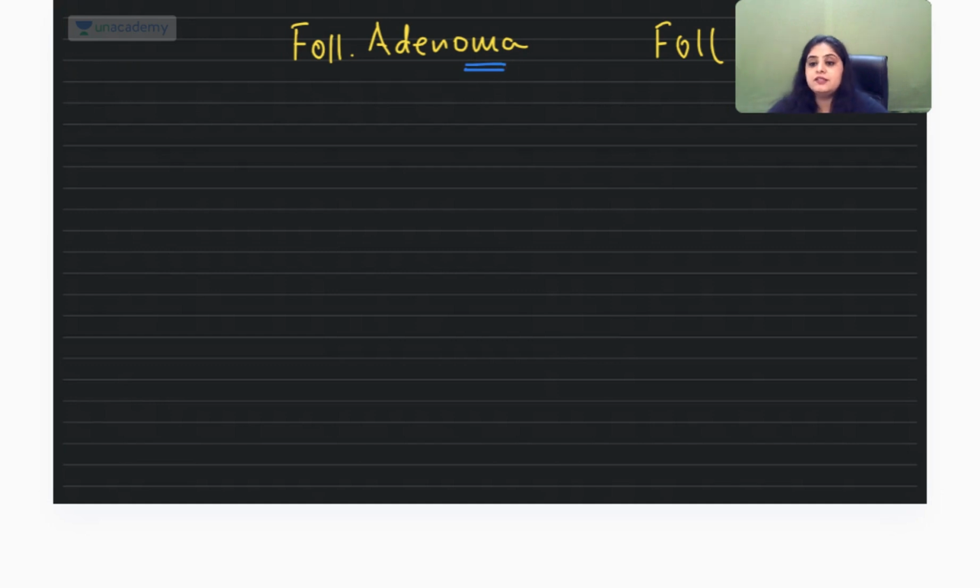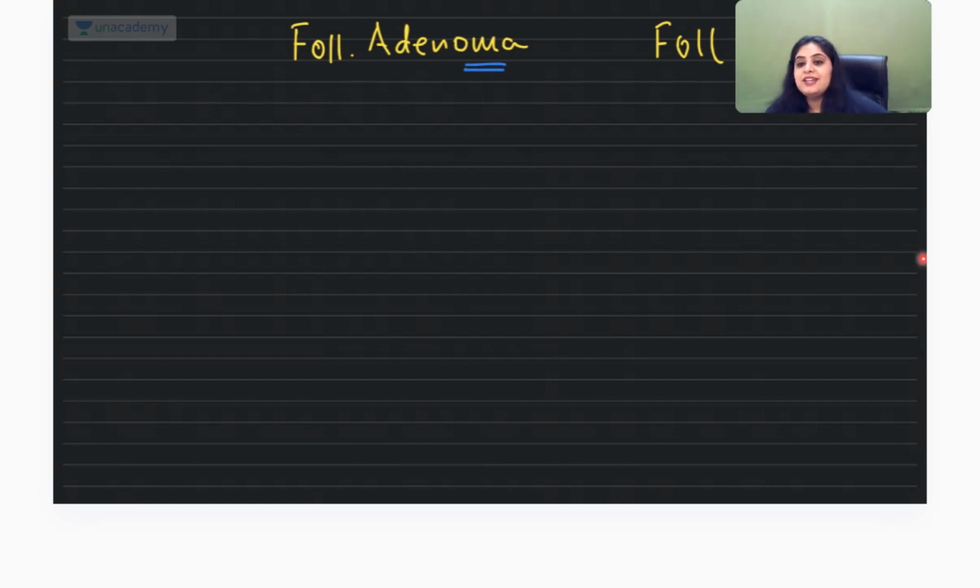When I'm talking about a follicular adenoma versus a follicular carcinoma, what are the two defining features of differentiation between the two? Follicular adenoma is benign and follicular carcinoma is malignant.